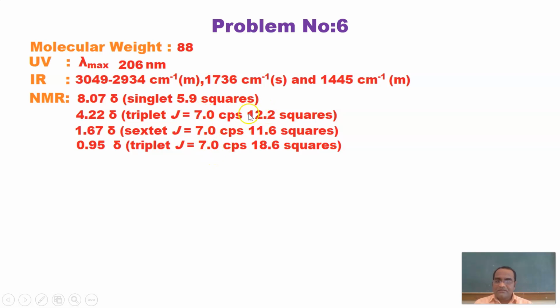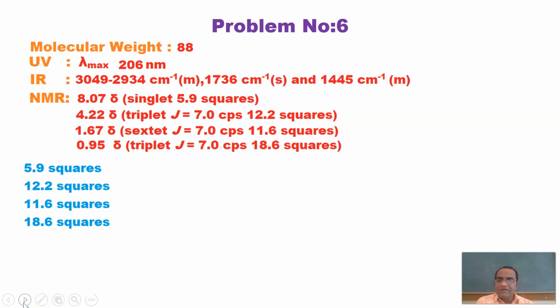The second signal has 12.2 squares. After that 1.67 delta value, a sextet, with 11.6 squares, and after that 0.95 delta value triplet. So it has a J value similar to earlier, and the number of squares is 18.6.